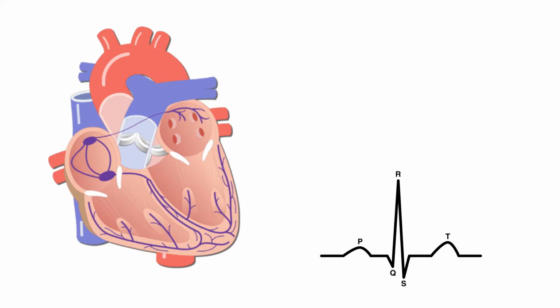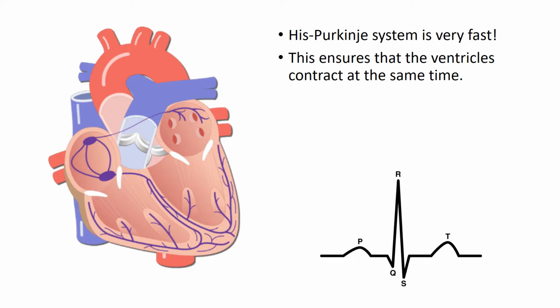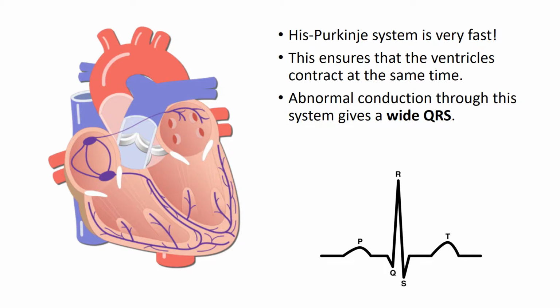The His-Purkinje system, in contrast, has no delay or slowing. It's the fastest conductive tissue in your heart. And this is also designed so that the ventricles will contract at the same time. You want those things to contract really, really quick, really close together. And if you have some kind of abnormality in the His-Purkinje system, this is expressed on an ECG as a wide QRS.